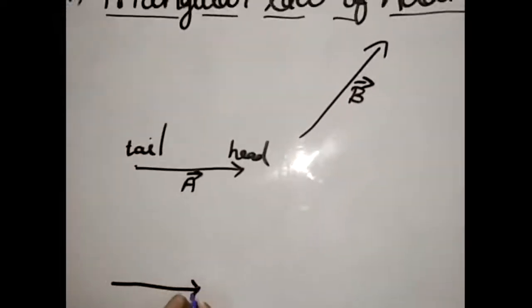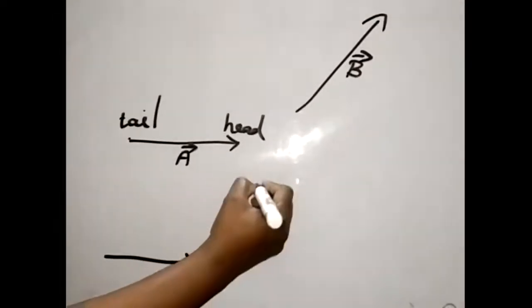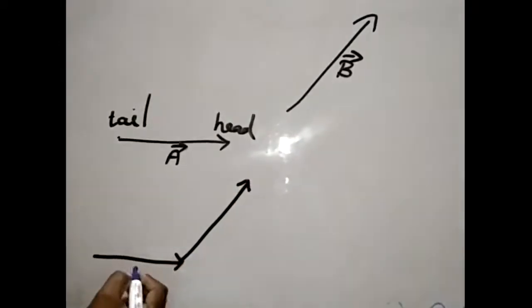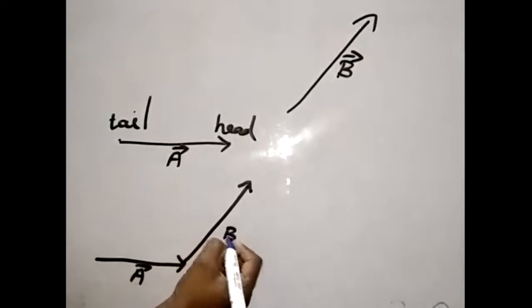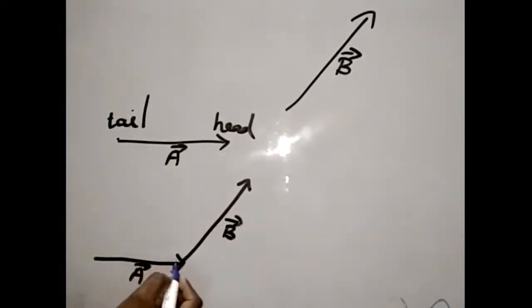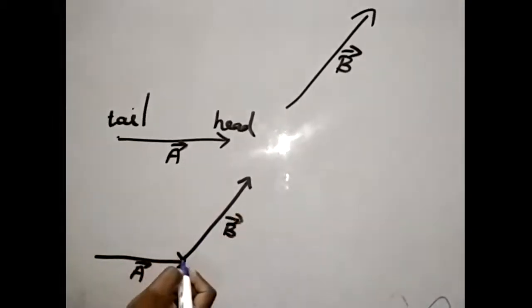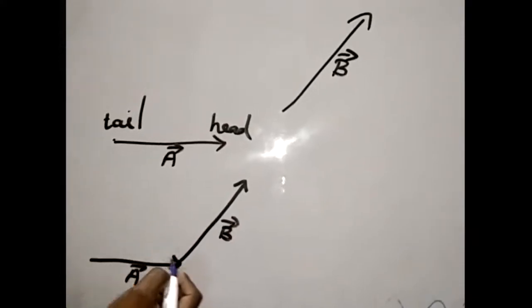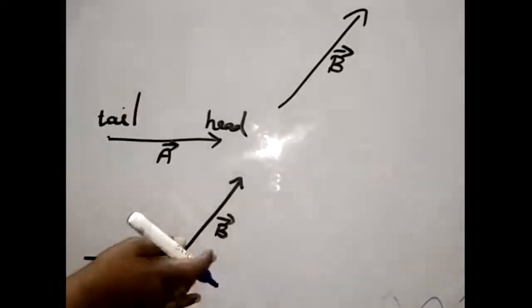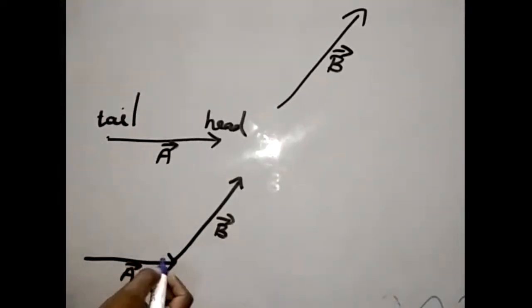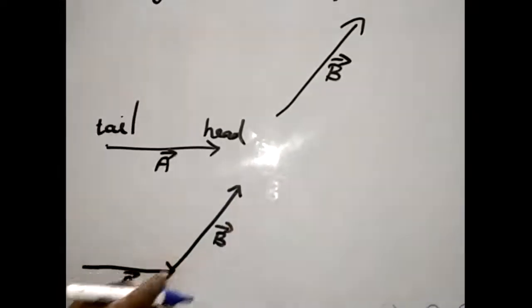Draw the vector A and vector B as adjacent sides of a triangle in the same order. Same order means the head of A and tail of B will be joined. Now the resultant vector will be the opposite side of the triangle. These two vectors are the adjacent sides of a triangle.